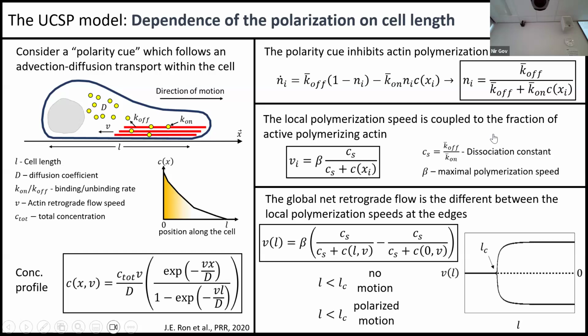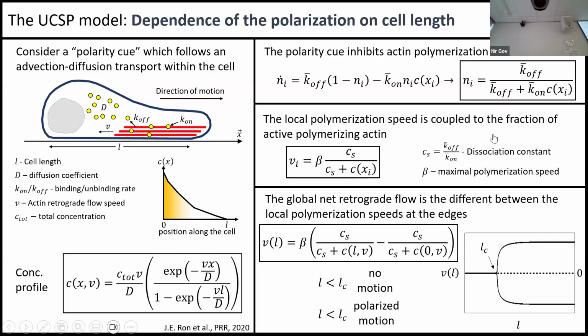So now you can see that the net flow of this protein, this molecule within the cell, is the difference between the flow that starts from the front backwards minus the flow that starts in the back and moves forward. So there's a competition between these two local sources of flow.